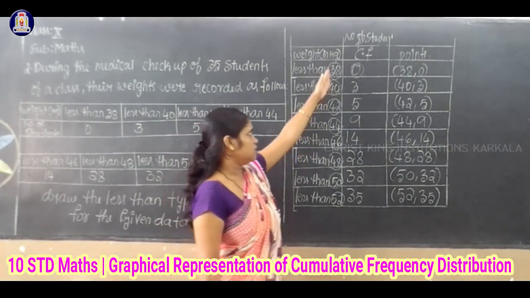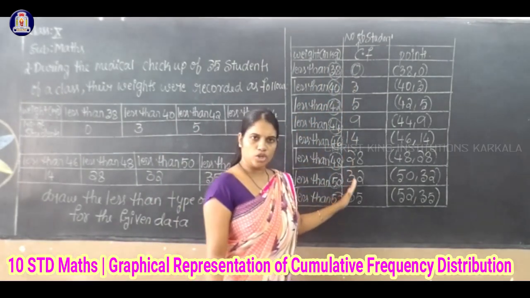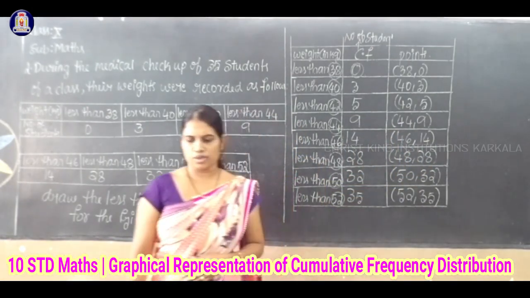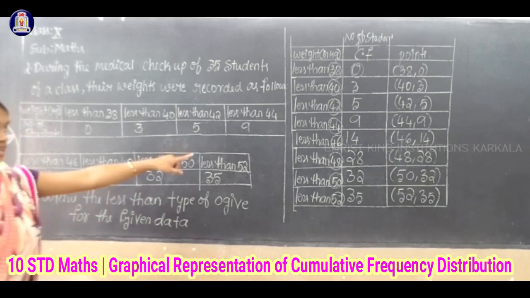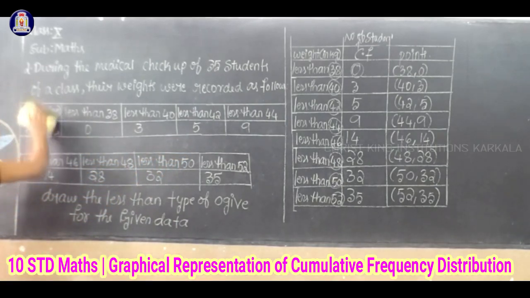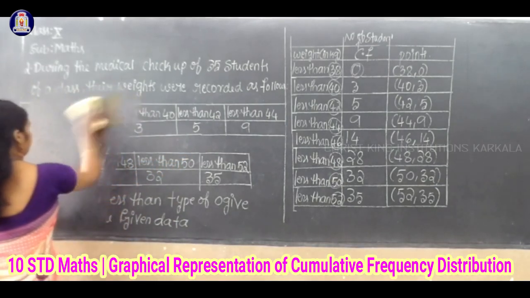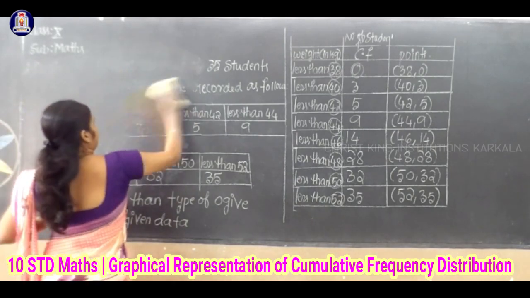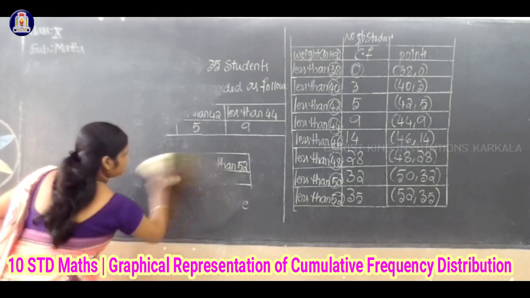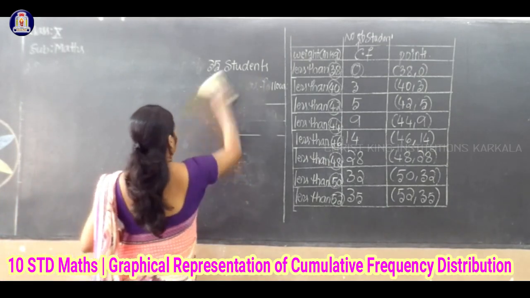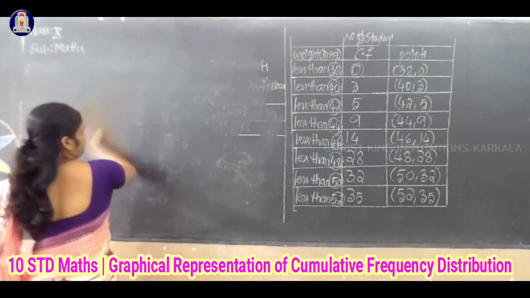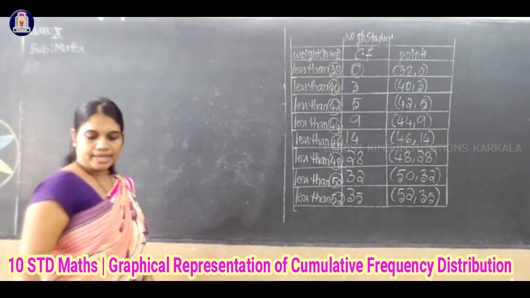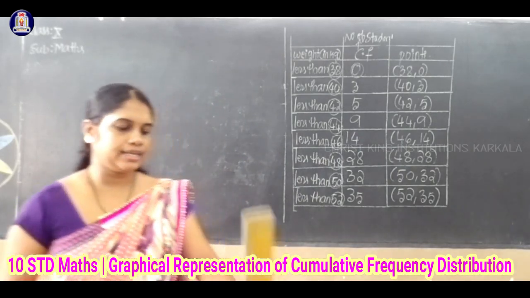These are all upper limits. This is your cumulative frequency value. So directly take a point and draw the graph. Now I will draw the graph by using those points. So x axis and y axis I consider.